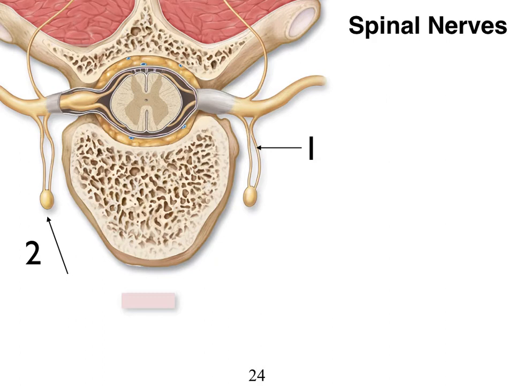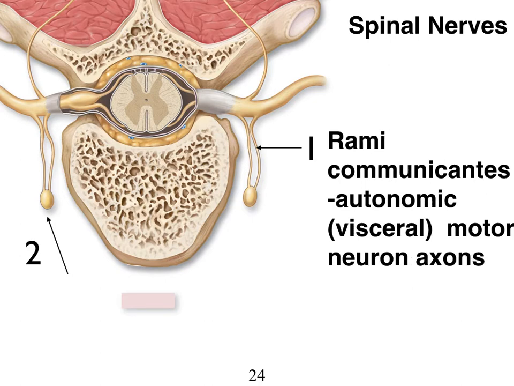The small extensions are called rami communicants, and these are the axons of autonomic or visceral motor neurons.